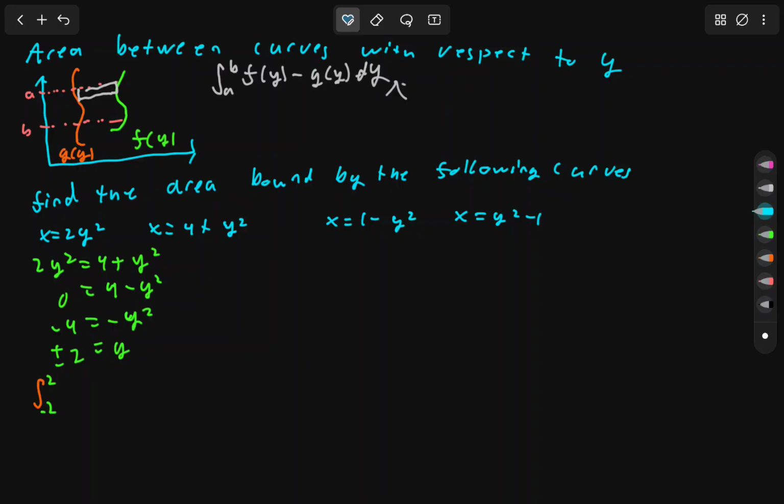So we'll say 4 plus y squared minus 2y squared dy. Getting the integral from negative 2 to 2 of 4 minus y squared dy. This evaluates to 4y minus y cubed divided by 3, evaluated from negative 2 to 2.